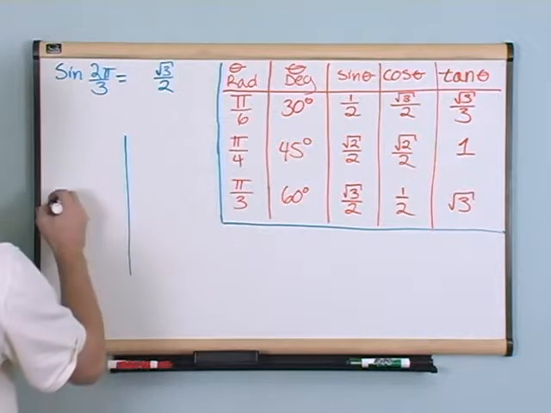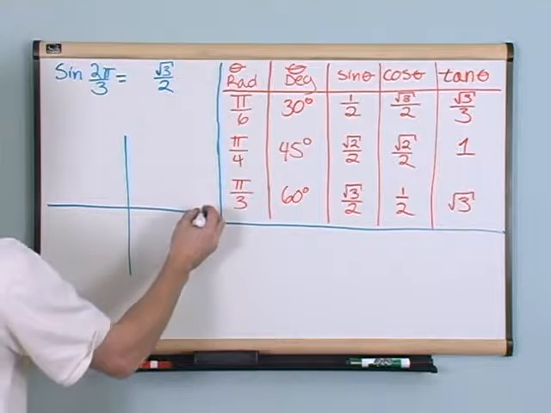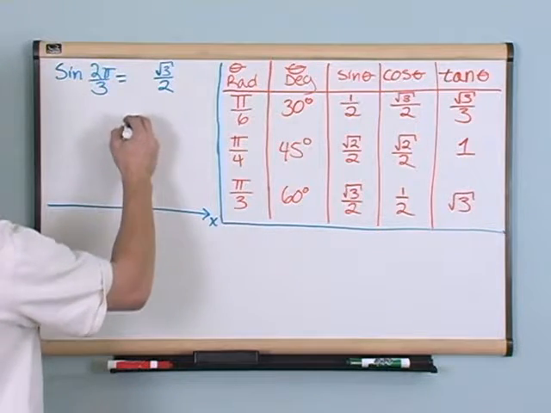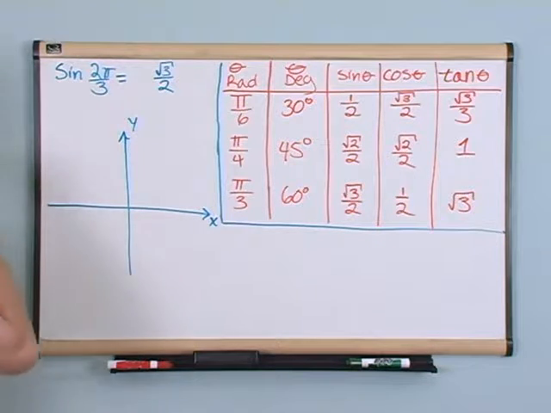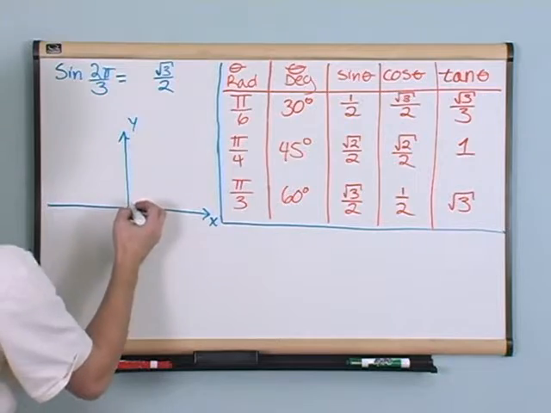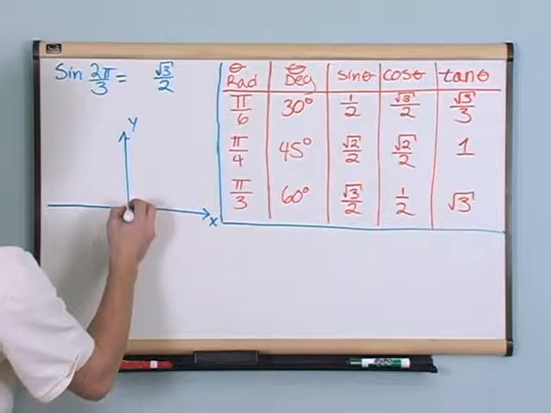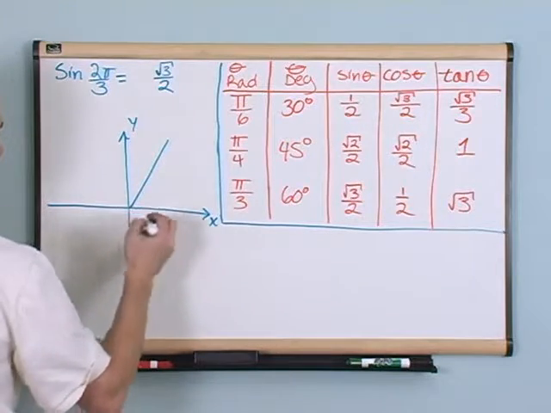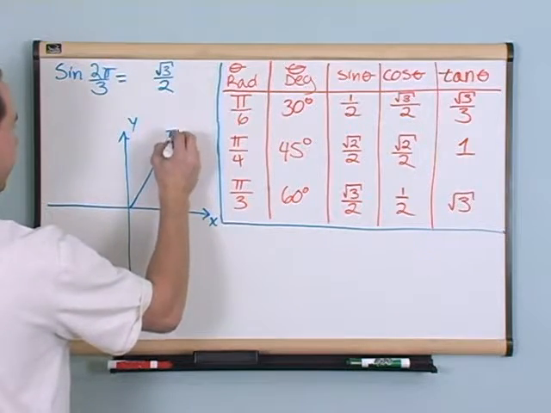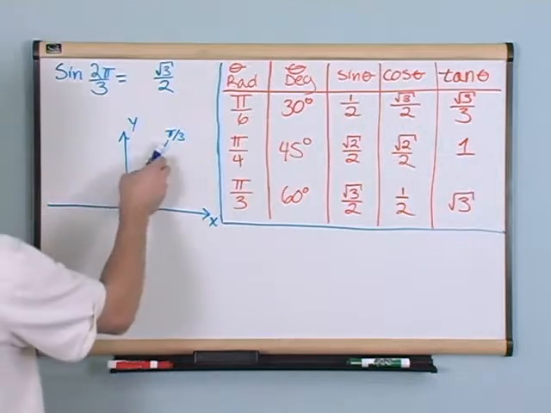All I do is draw coordinate axes. Of course, this is x, this is y. Now I need to figure out what quadrant this is in. Really, all that matters is the quadrant. If you remember from the previous lesson, up here at roughly 60 degrees is pi over 3.